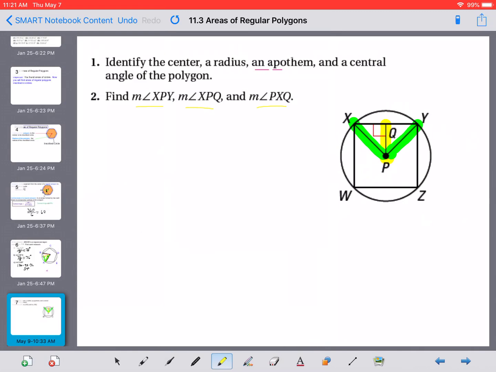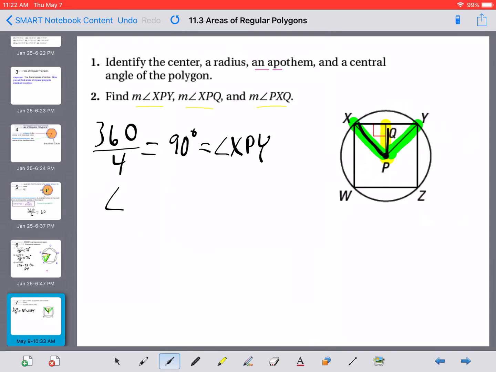Okay, let's find the central angle. Again, for the central angle, we go 360 divided by the number of sides, which is 4. 360 divided by 4 is 90 degrees. So our central angle is 90 degrees, which is what the next question wants us to find. The measure of angle XPY is 90 degrees. That's the central angle. Now it wants us to find XPQ.